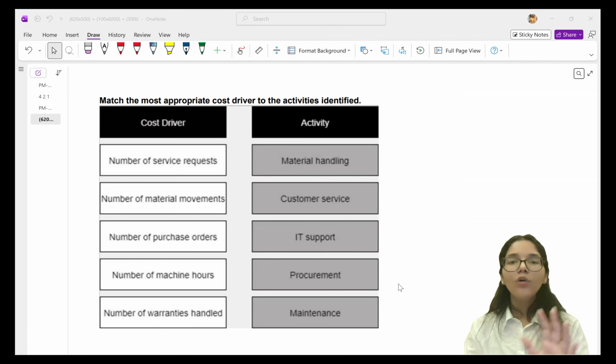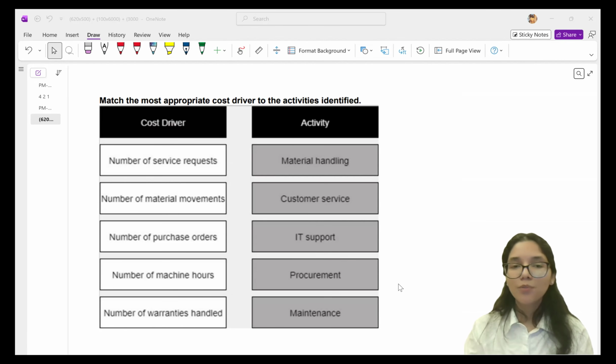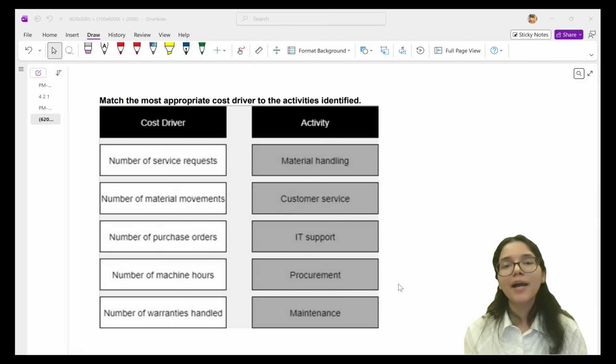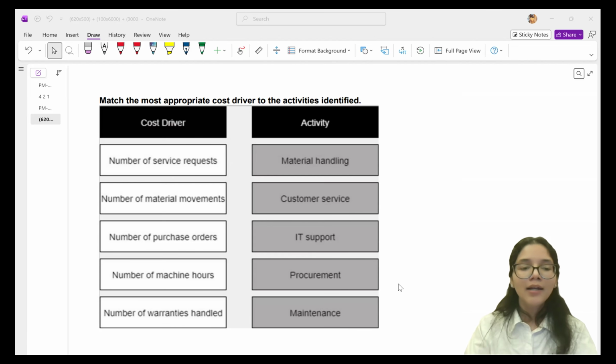Only then will you get those 2 marks. One single one marked wrong and you lose all of your marks. So be very careful while framing your answer. Have a look and tell me what we can possibly match to what option. Take 2 minutes, go through this and tell me.